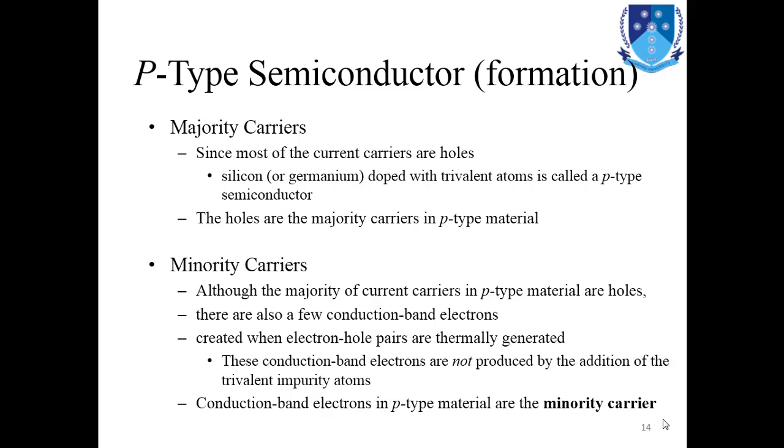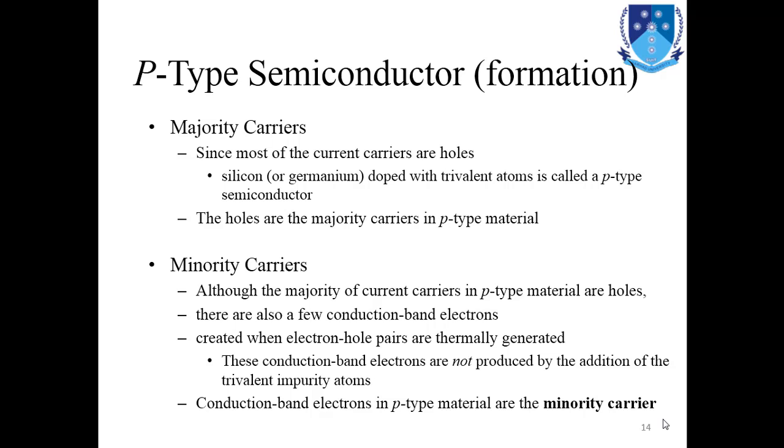Similarly, in p-type material, the minority charge carriers are electrons, and these electrons are not produced by the addition of the trivalent impurity atoms, but are thermally generated. So the conduction band electrons, simply the free electrons in p-type materials, can be considered as the minority charge carriers. In summary, n-type material has two types of current carriers.